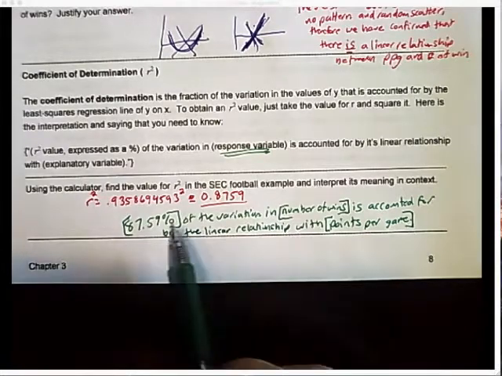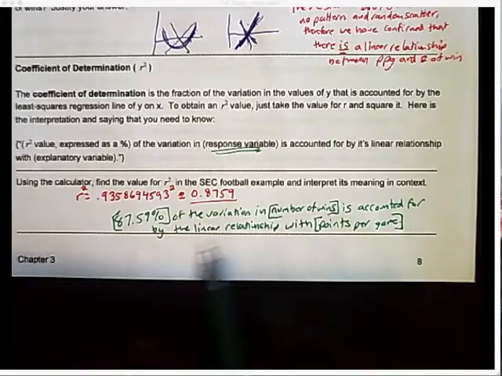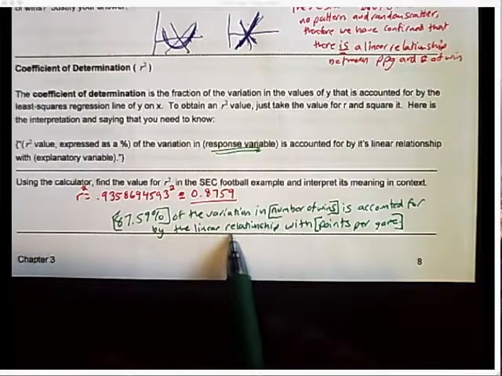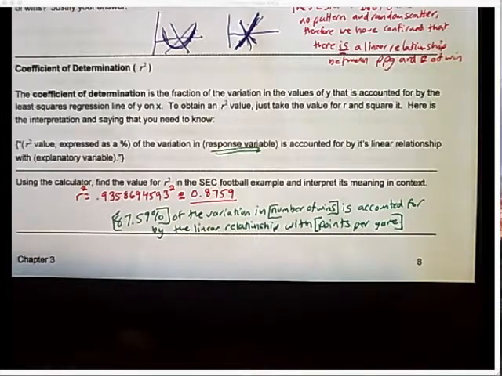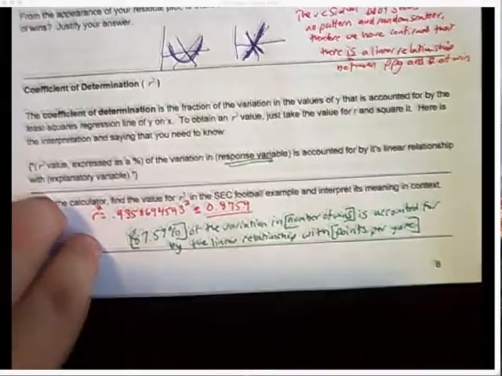So you just put those things in there. Now instead of saying the linear relationship, you could have said the least squares regression line, by the least squares regression line with points per game. That would have been fine too. So that is the meaning of r squared.